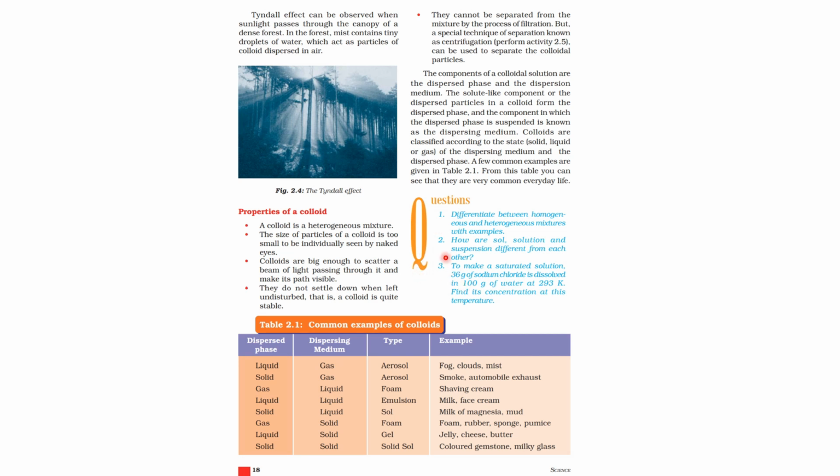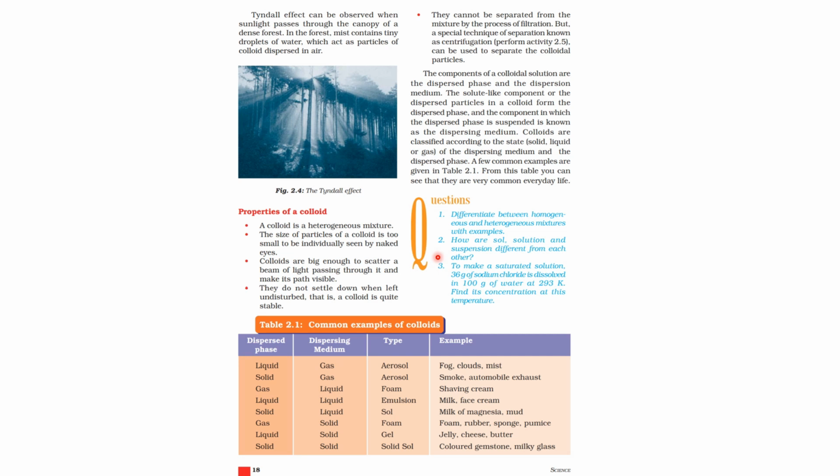Next question. How are colloid, solution and suspension different from each other? So let's check out. What is a colloid, solution and suspension? Colloid. It has a dispersed phase and dispersion medium.